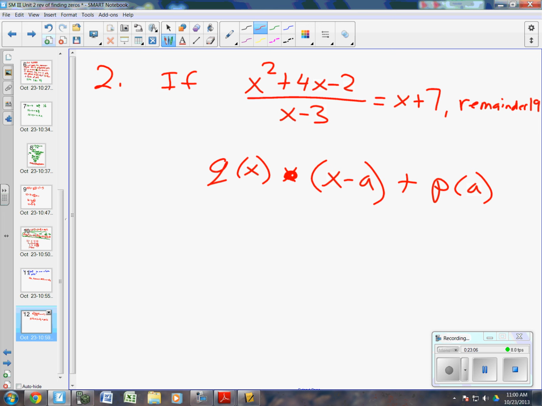Okay, in other words, you guys, you're taking x squared plus 4x minus 2. x squared plus 4x minus 2 is P of x, right? So we got that part. So what we need to do is write this part. What part is q of x, you guys? No, not the remainder. What you got when you divided x minus 3 into it. What's x minus a?